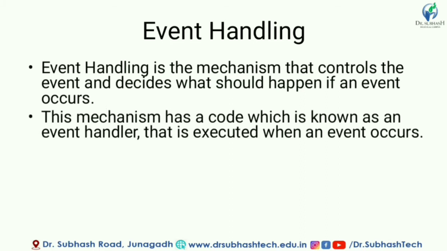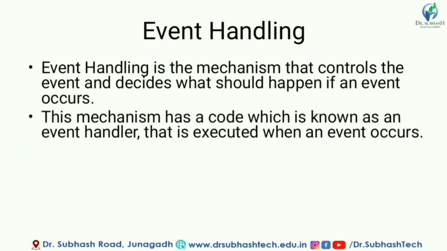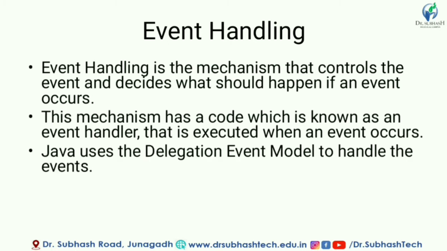This mechanism has code which is known as an event handler, and it is executed when any event occurs. For example, if I click on the button, the code included in the event handler will be executed whenever I click on the button. In this way event handling works.